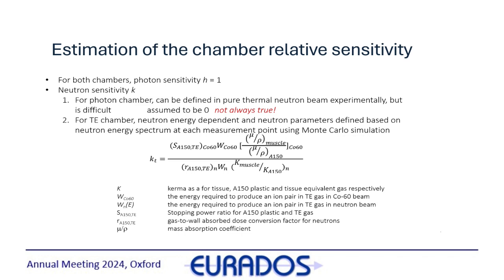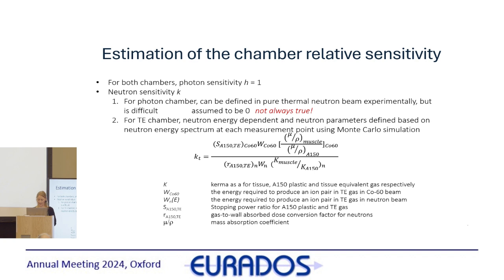But the neutron part is energy dependent, because the kerma and also the energy required to produce an ion pair in the tissue equivalent gas in neutron beam is energy dependent. So we need to define this relative neutron sensitivity of the chamber for each measurement point. When we have a thermal situation where all the neutrons are thermalized, then it becomes constant.